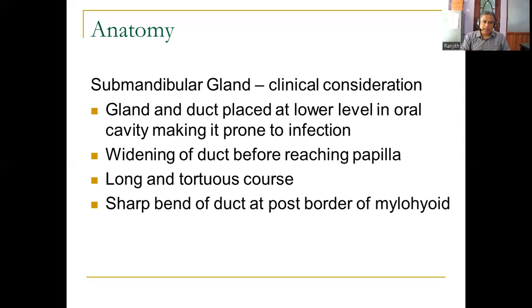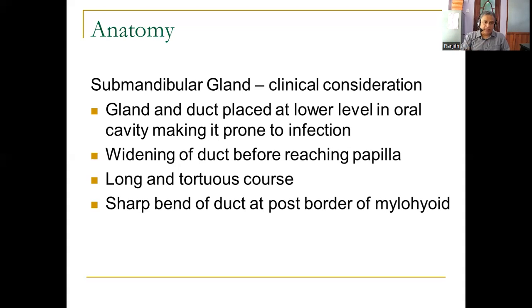Also in the anatomy, we find that there is a widening of the duct before reaching the papilla. The papilla is always a very small constricted part of the whole duct, and the rest of the duct is quite wide, and the bottleneck is the papilla.